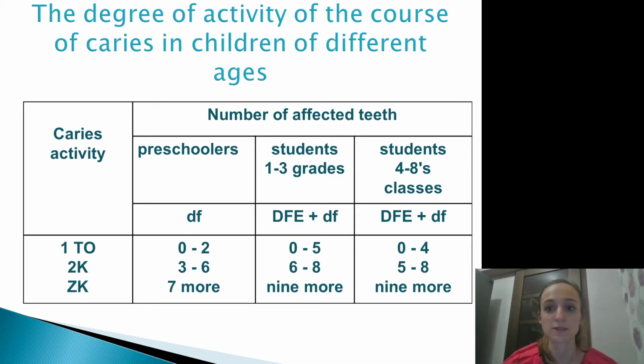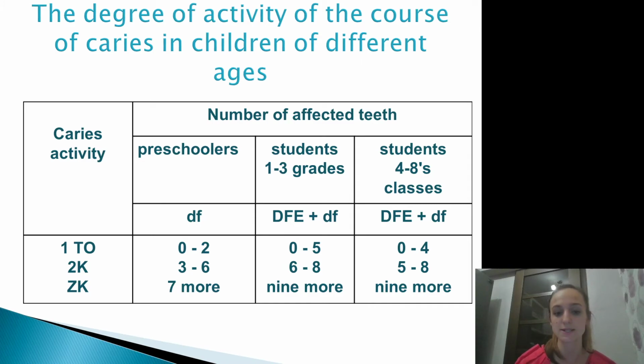The degree of activity of the course of caries in children of different ages. In this table, we should write the index of intensity of caries. It is the index when we know the sum of teeth that have, for example, caries or fillings or extracted teeth.